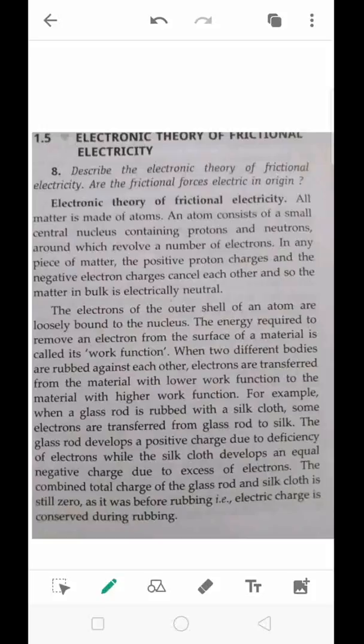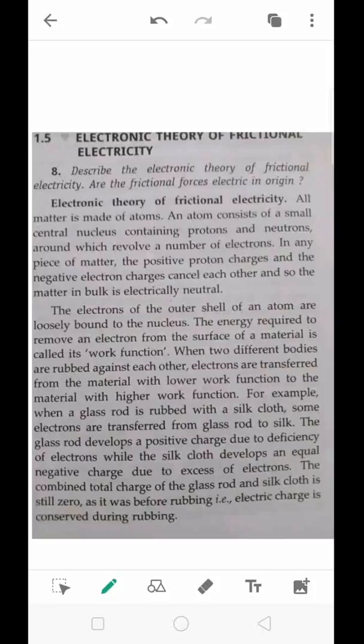That means before friction, the total number of electrons on the glass rod as well as the silk cloth is 10 plus 10, which is equal to 20. After the friction, the total number of electrons on the glass rod and silk cloth is 8 plus 12, that is also 20. That means there is no increase or decrease of electrons. There is just transfer of electrons from one object to the other.